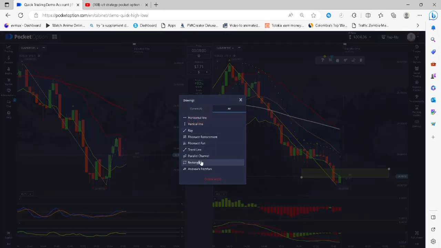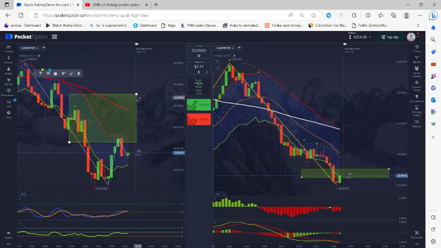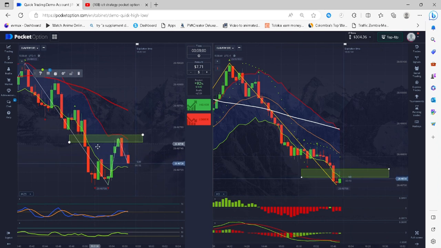Awesome. Okay, so the fair value gap we have is this one. We have this fair value gap. We have this fair value gap. We have that fair value gap which the market is going into right now.